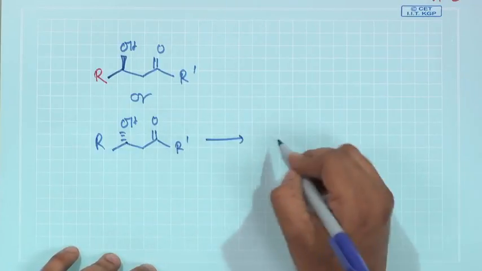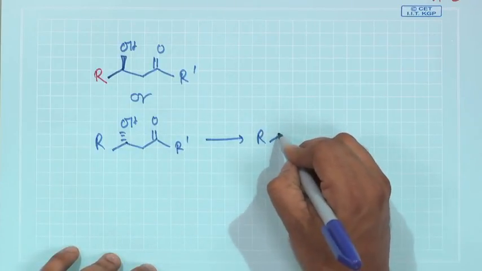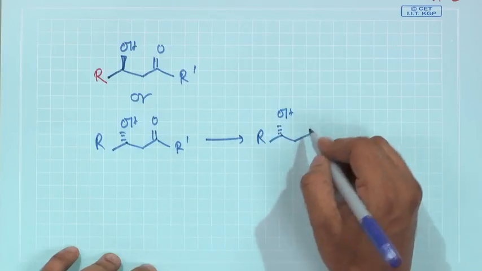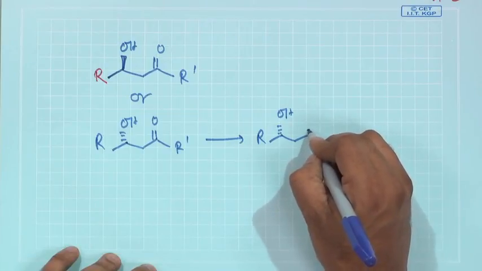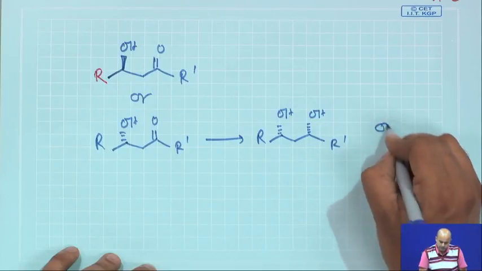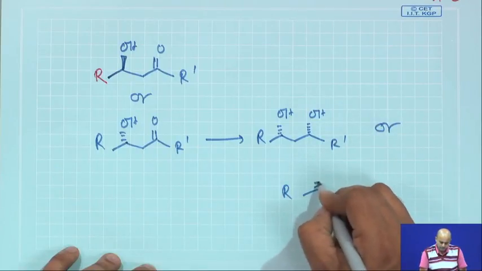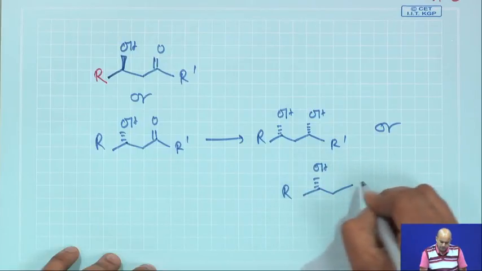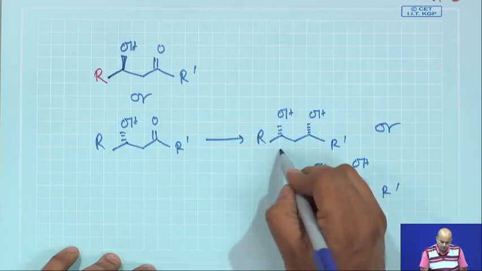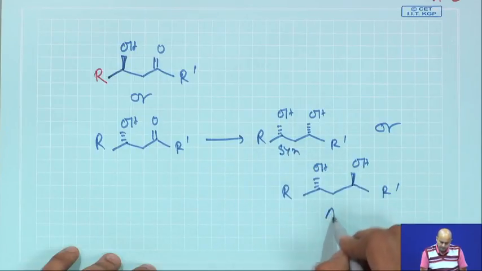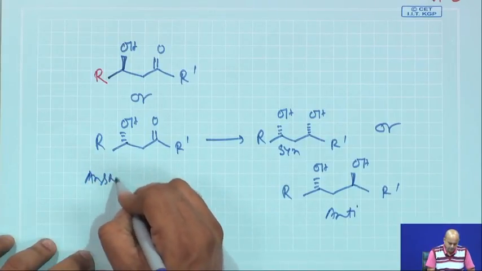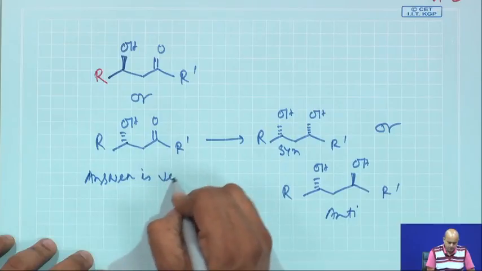Is it possible from this compound to prepare a 1,3-dihydroxy compound, either this or this, where one case is the syn isomer and the other case is the anti isomer? The answer is very much possible.